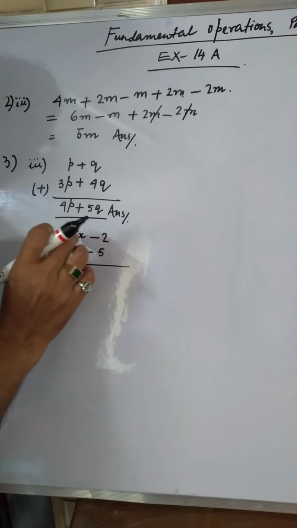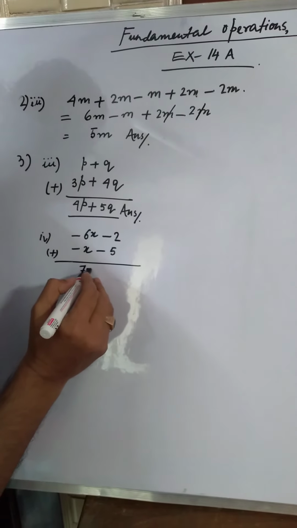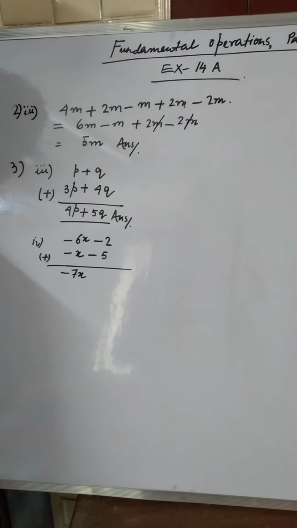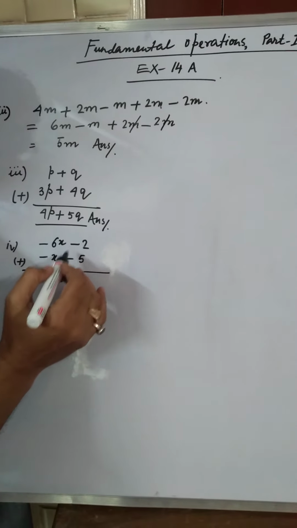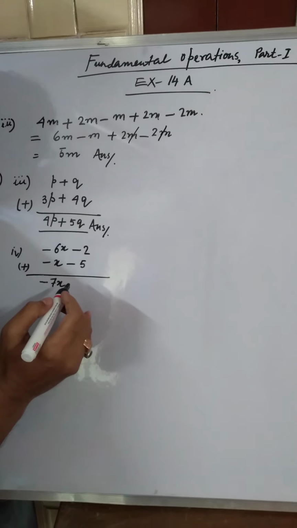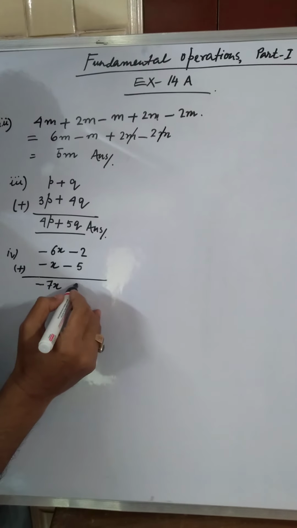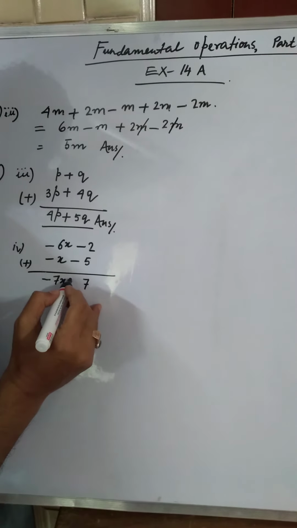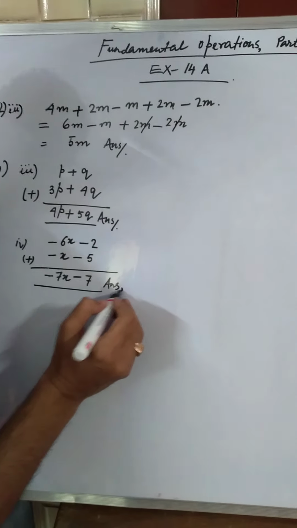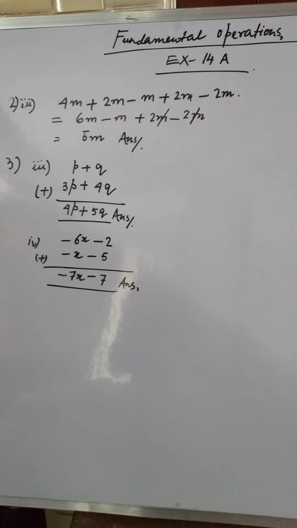So if you add 6x with 1x, 6 plus 1, 7x, but the sign should be negative. In the similar way, minus 2 minus 5, when you add these two numbers, you have to add 2 with 5. 2 plus 5 is equal to 7, but the sign should be negative. So the answer is minus 7x minus 7.